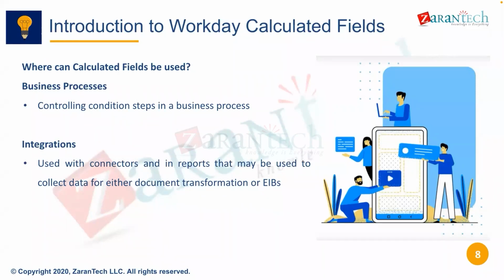Workday, as part of those business processes as well. So if you have seen a business process in Workday, you have realized that we have an option to add condition steps. Condition steps tell you whether a particular step should run or not, right?